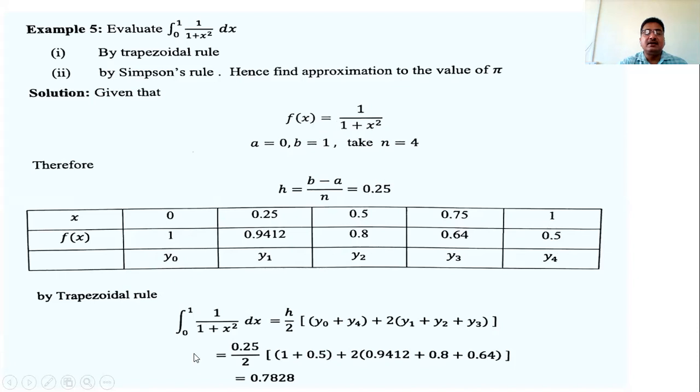And then write the trapezoidal rule. So the integration from 0 to 1 of 1 by (1 plus x square) dx, that is the given integration, is equal to h by 2 in bracket first value plus last value plus 2 times the addition of the remaining, and then substitute the values, we get the answer 0.7828.